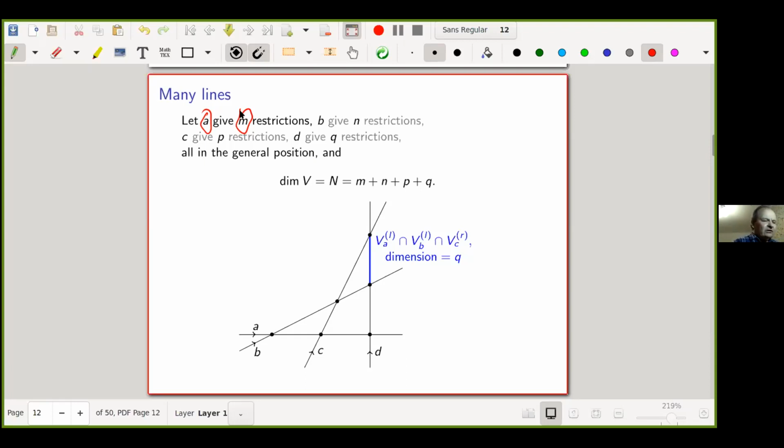So if we have these lines like this, this example must tell you what space will correspond to this fragment of line D. To this fragment will correspond the space already written here and of dimension equal to Q, because this fragment lies on the left hand side of my directed line A, and so on.